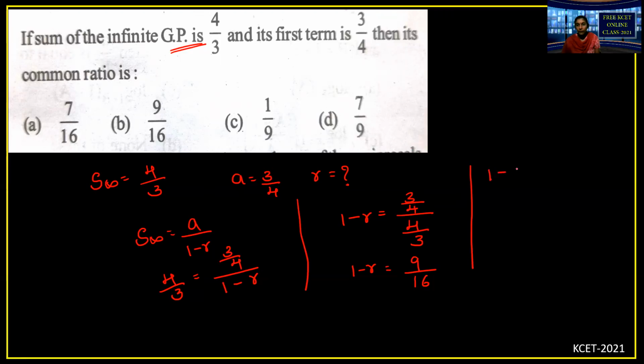Sorry, left hand side. 1 minus 9 by 16 is equal to R. 16 minus 9 is 7 divided by 16 is equal to R. So R is equal to 7 by 16. Option B is the correct answer.